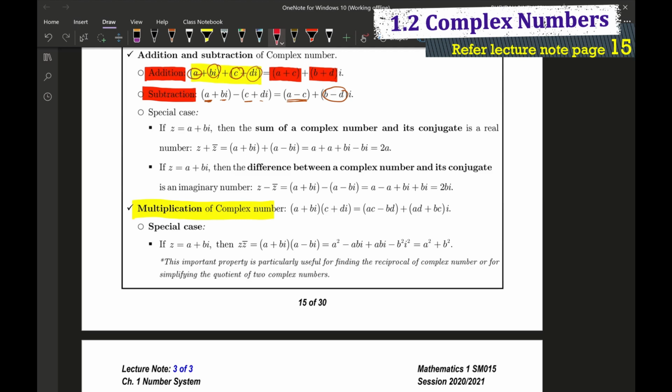So as you can see here, it's like we multiply a traditional binomial by a binomial, and at the end, you will get this.